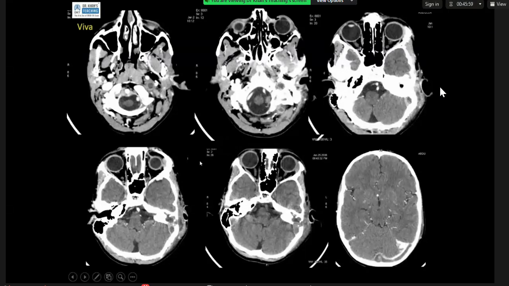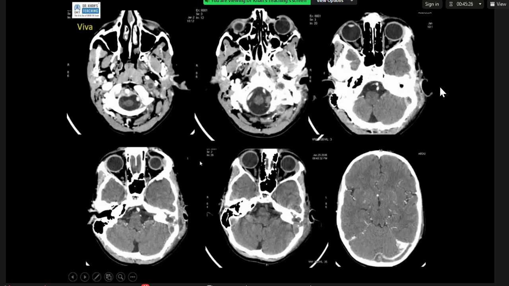So these are still images of the contrast-enhanced CT images of the base of the skull and lower parts of the brain. There is a low density filling defect seen within the sigmoid sinus, and there appears to be bony irregularity and disruption at that area. So I'm suspicious of a thrombus.